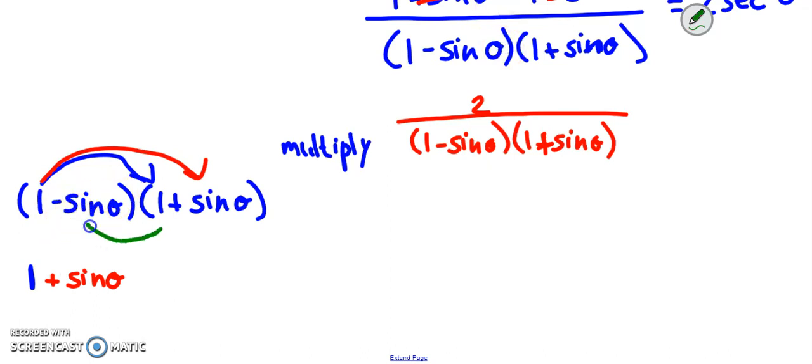Negative sine theta times 1 is negative sine theta. And then negative sine theta times positive sine theta is a negative sine squared theta. So it squares.